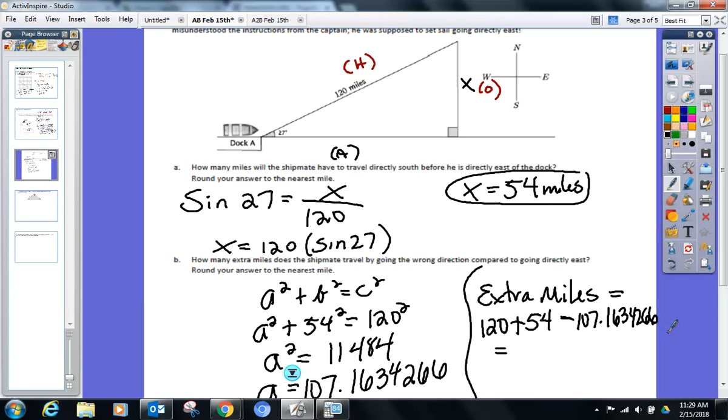I end up with 67 miles. Anybody end up with 68? That's still correct, you didn't do Pythag, right? Okay, you could have 67 or 68. Again, it's because we used a rounded answer in our calculations, which they didn't ask us to do, so we're fine.